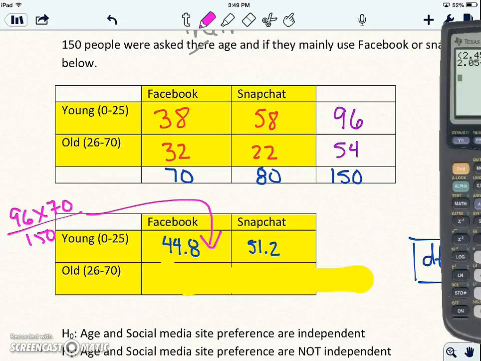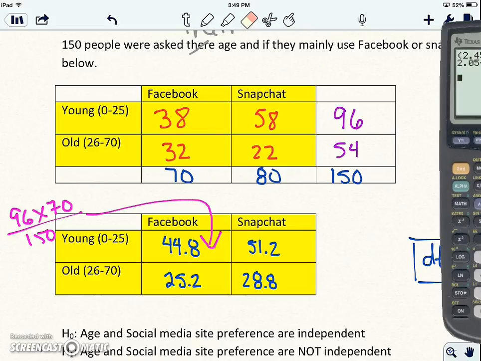That means that if there was no relationship between your age and which social media site you prefer, we would expect, upon surveying these same type of people, same number of people, 44.8 people that are young that use Facebook. Okay, so we could get that for every spot.